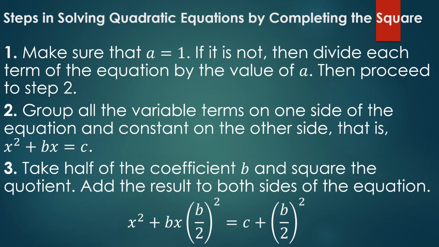Ito yung inaral natin how to complete the square of certain expressions. But this time, in solving quadratic equations by completing the square, we are not just adding the quotient into the expression. We are going to add it to both sides of the equation. Okay?